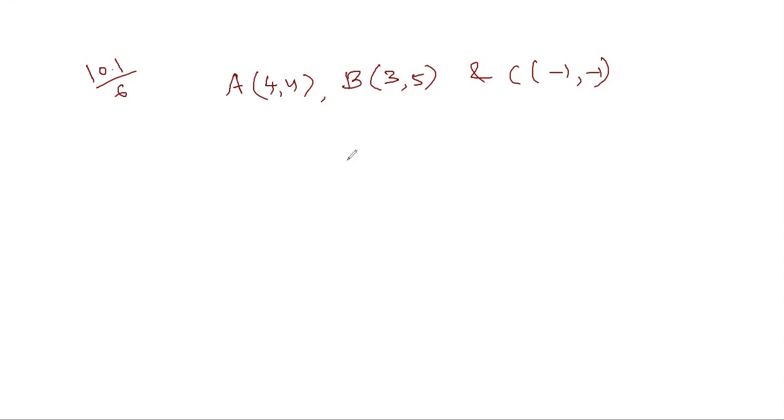So we have to find the slopes. I told you, if two lines are perpendicular to each other, suppose this is a line and this is perpendicular to another line.